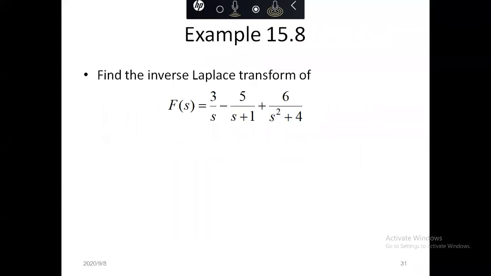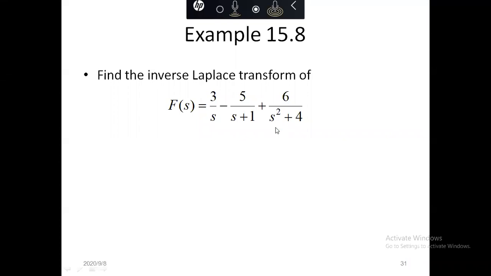For example, we have to take the inverse Laplace transform of this function: 3 by s minus 5 over s plus 1 plus 6 by s squared plus 4.